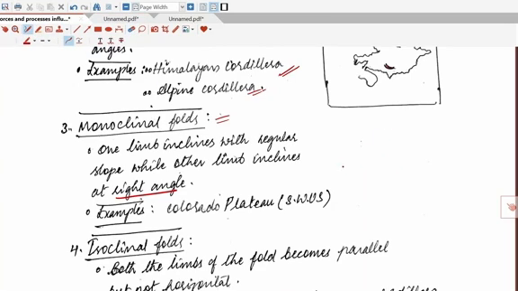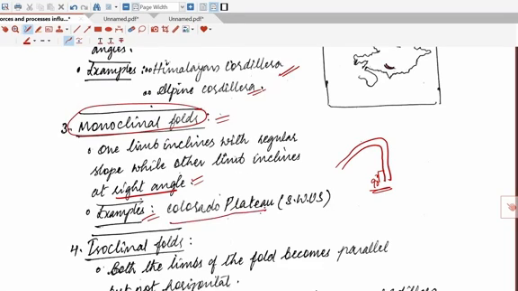See, this is the regular angle and this makes a 90 degrees angle. So this is the 90 degrees angle. That is what is called a monoclinal fold. Example, the Colorado Plateau.